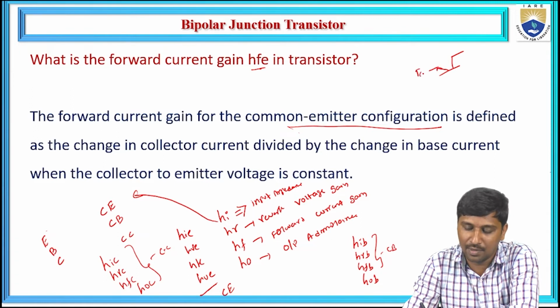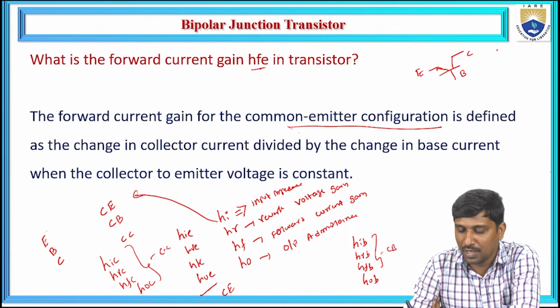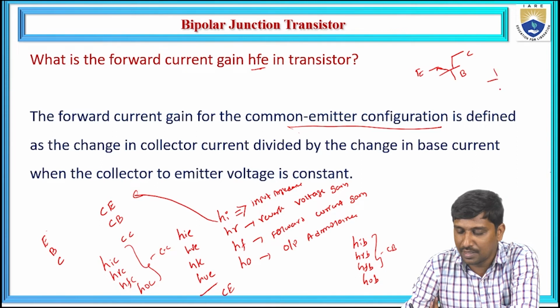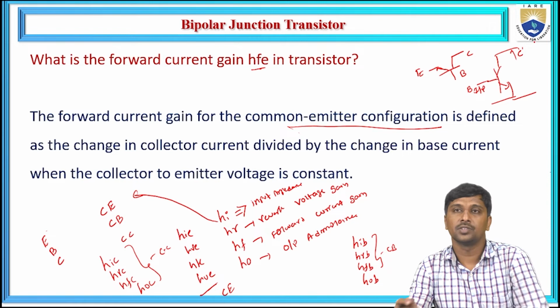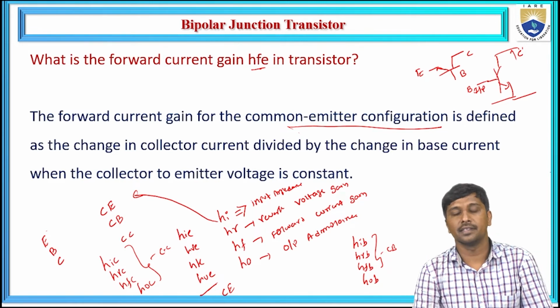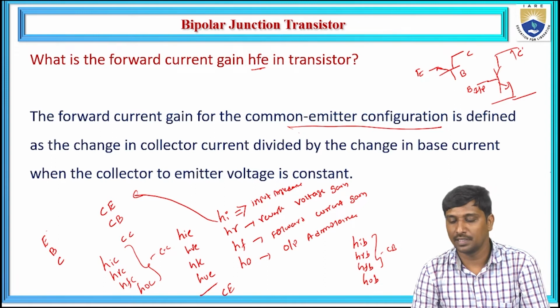Let us take this as the emitter, base, and collector. If the emitter is common, the base acts as the input and the collector acts as the output. Generally any gain is defined as the ratio of the output parameter to the input parameter.